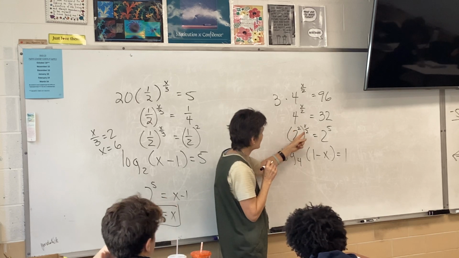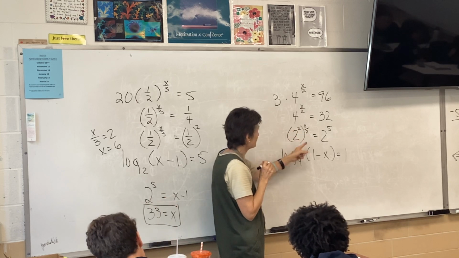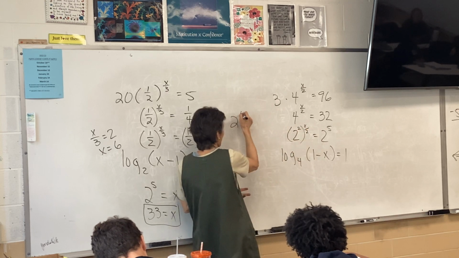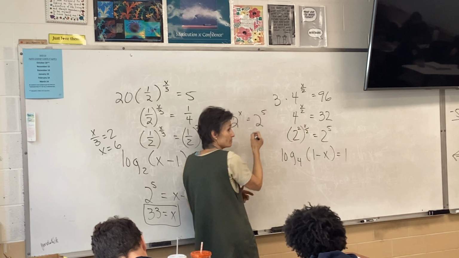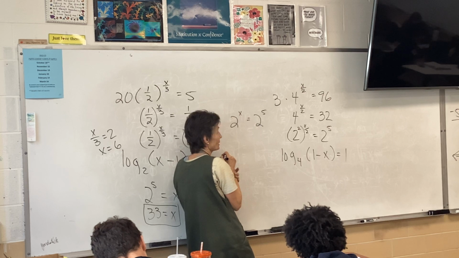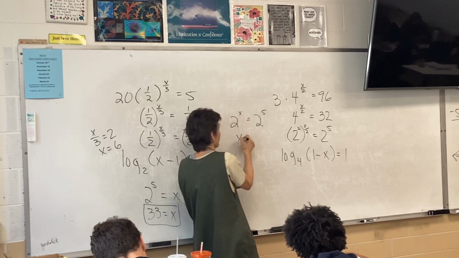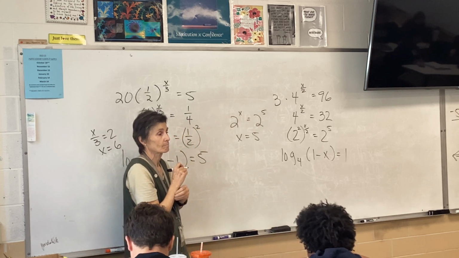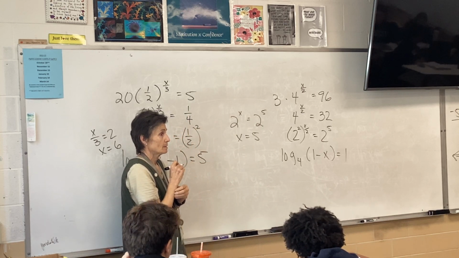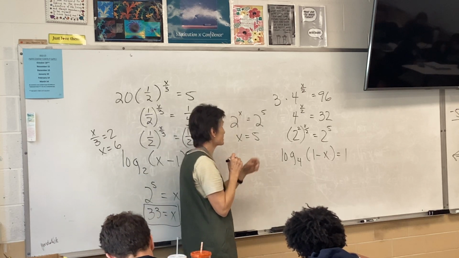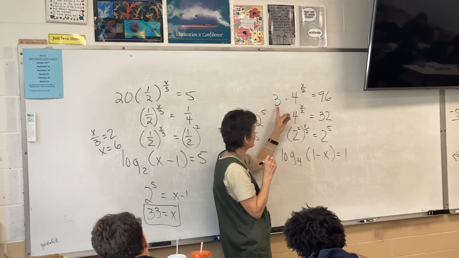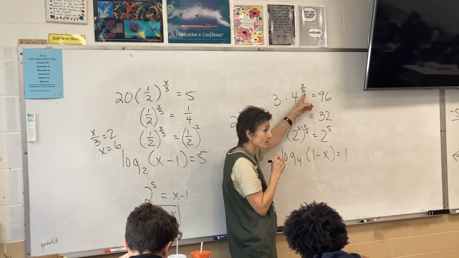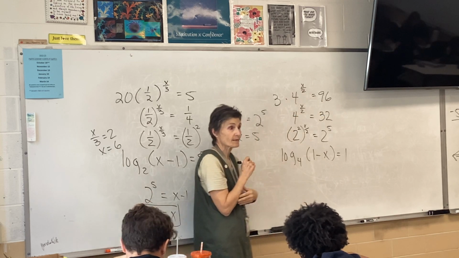So that becomes 2 to the x. Would you agree with that? And therefore x equals 5. Now if you're doing these in homework or something, you could always check that on your calculator. If you took 3 times 4 to the 2.5, you should get 96.